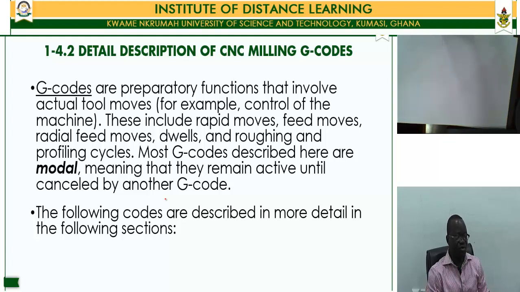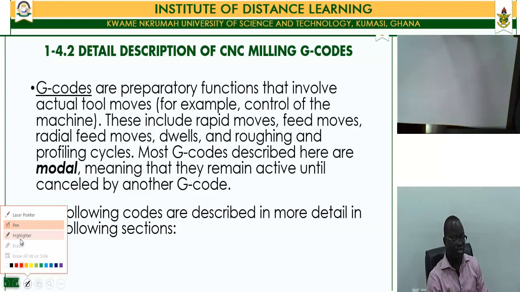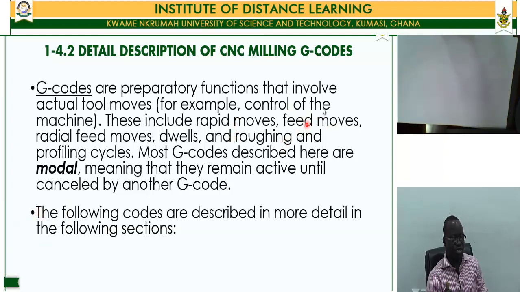Now, they are preparatory functions that involve actual tool moves. That is, they are functions that we're going to study, which you will see that they basically control the machine. So if you give the G code, the G command actually controls how the machine moves.